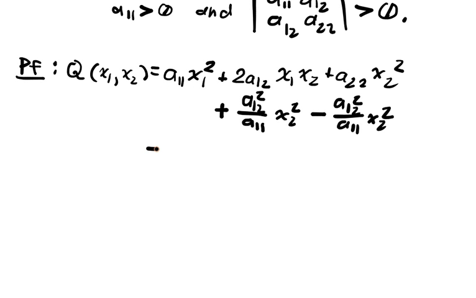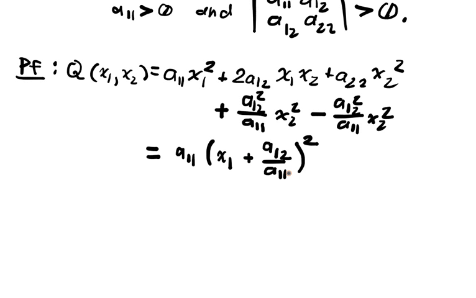Well, now we can factor, and we're going to obtain a11 times x1, right? So we're going to combine this term, and now we've completed the square with this term, plus a12 over a11 x2, squared. So if we multiply that out, what do we get?